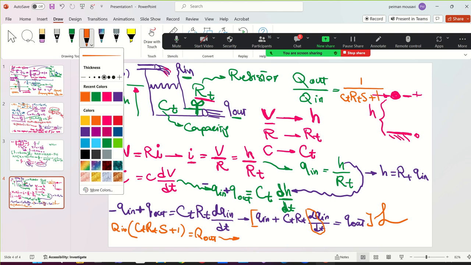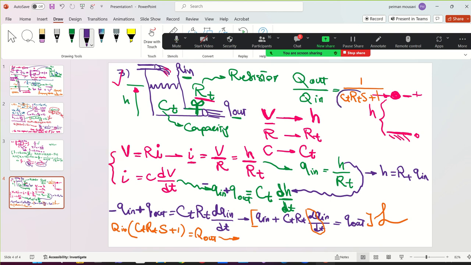What is the time constant of this? This is tau. It's going to be 1 over tau s plus 1.